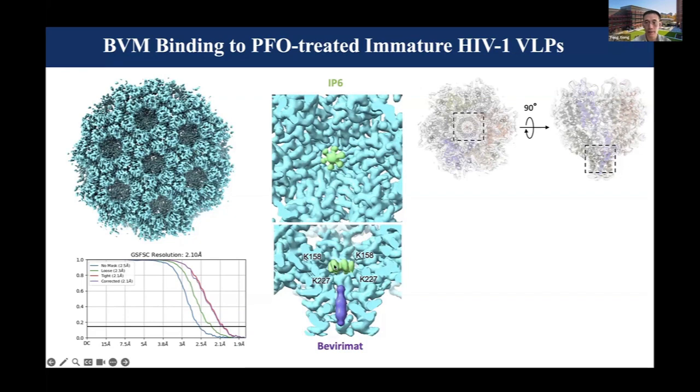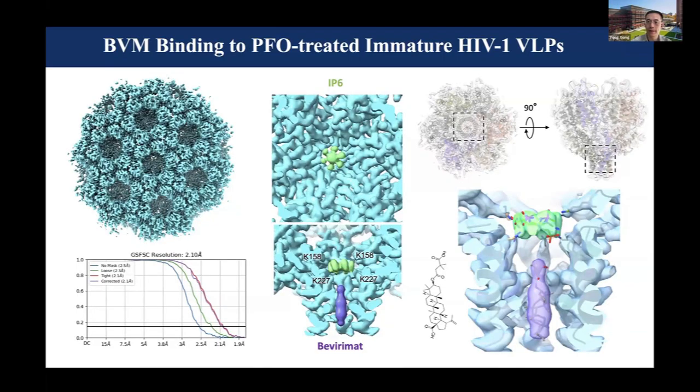Then just underneath the IP6, we can see Bevirimat, with quite nice density. It looks like a tube, even at this high resolution, because it sits on the symmetry axis, so it's symmetrically averaged, 6-fold averaged. But nonetheless, we can fit the BVM very nicely into this contour.